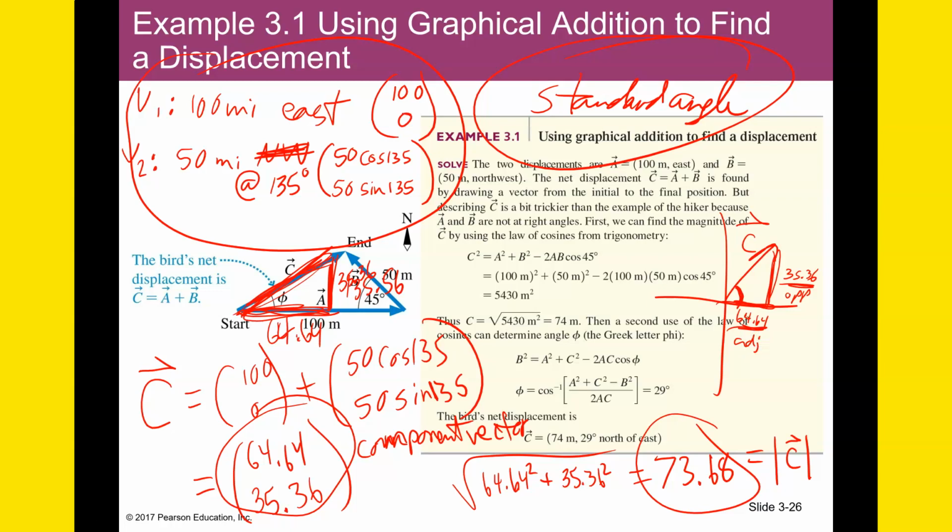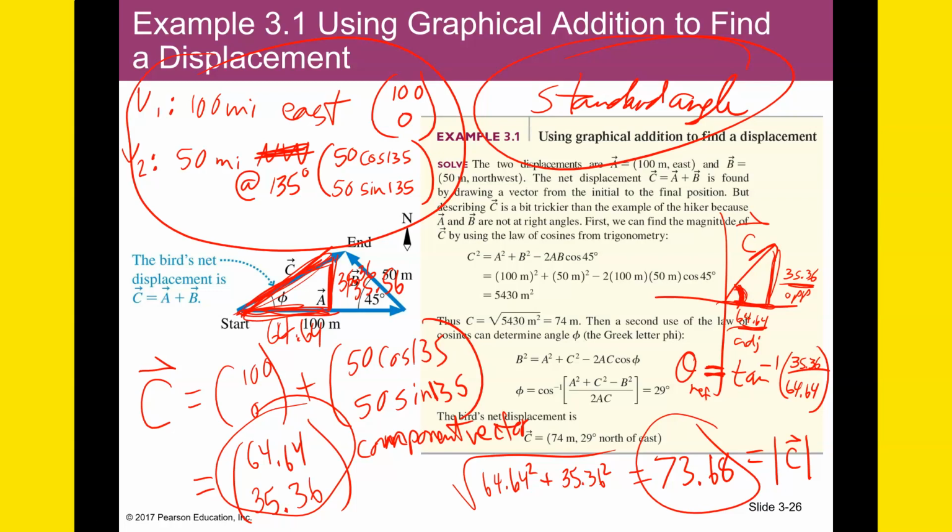And so you're always going to be doing the arctan of the vertical opposite over the adjacent. So the vertical, 35.36, divided by the adjacent, which is the horizontal, 64.64. And that will get you the reference angle for your vector. Now, when we're in the first quadrant, the reference angle is the same thing as the standard angle.